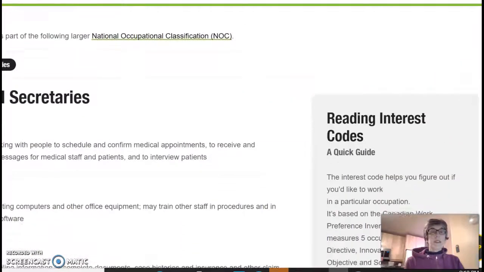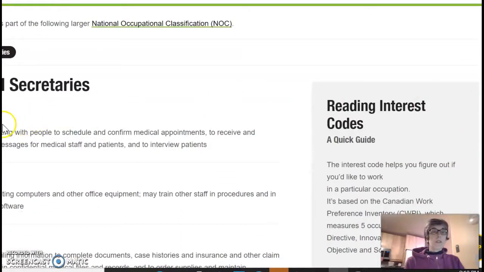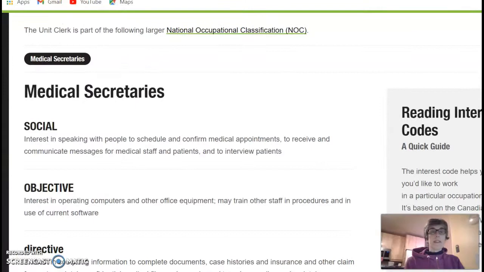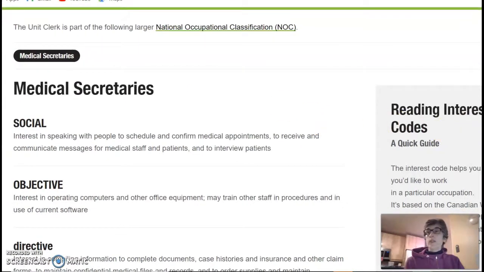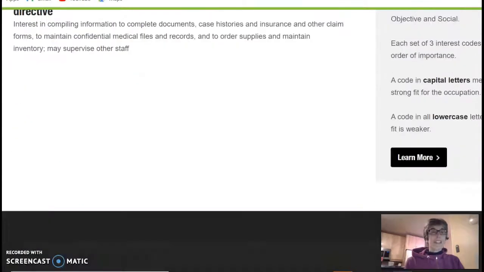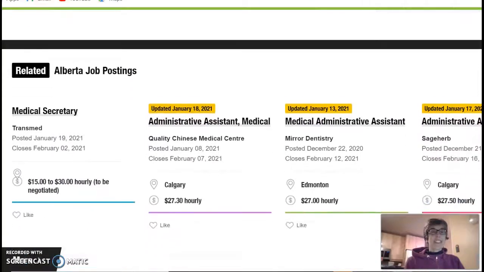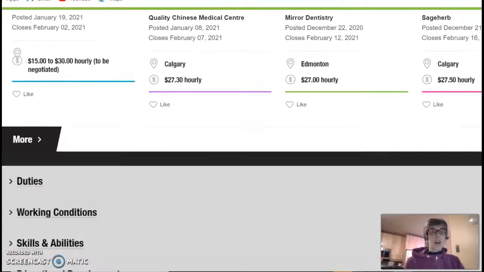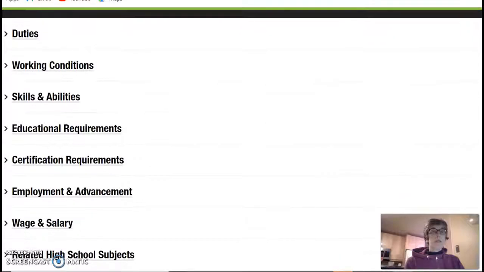And I'm going to move over this way so we can see the left-hand side. Scroll down. And it's giving me some other related jobs. I still want to scroll down. So right here is where I'll find the answer to my other questions. So if I click on duties, that will give me the answer to number 5.